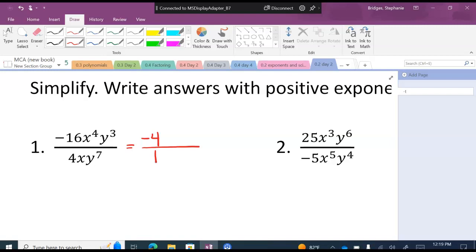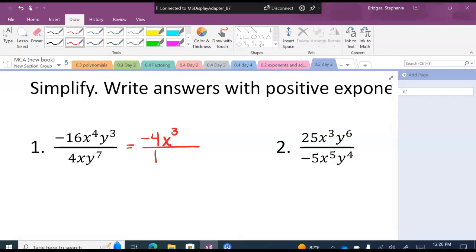How many x's do I have in the bottom part of my fraction? Okay, so this is my question. Where do I have more x's? Do I have more at the top or more at the bottom? At the top. That means any leftovers, all my extra x's are going to stay at the top. Well, how many extras do I have up there? 3, right? So that means I'm going to put x to the 3rd at the top. Wherever I have more of them, that's where they stay.